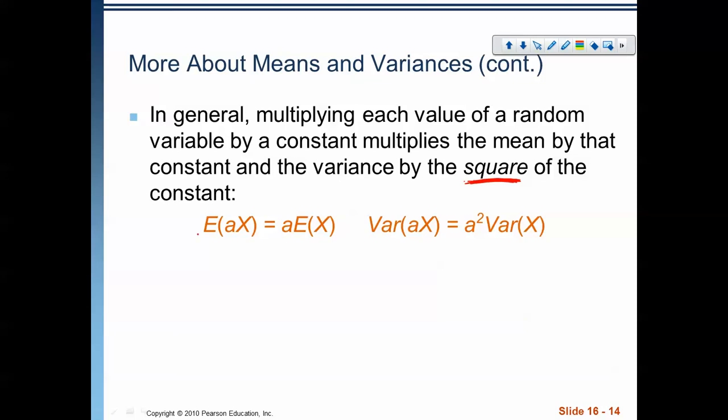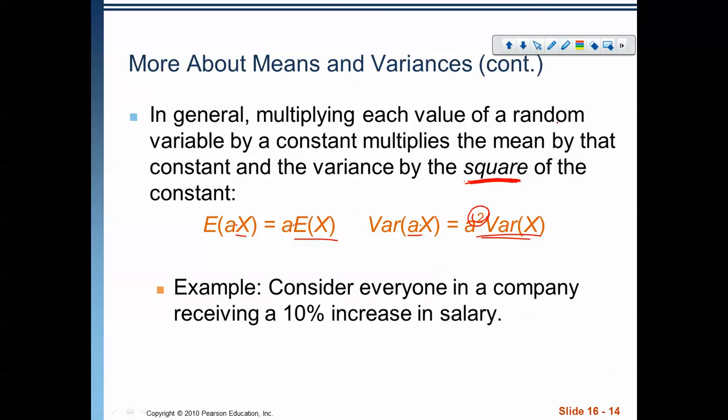So E of X, when we multiply by a constant, we simply take the expected value and multiply it by that constant. For the variance, we multiply by the square of that constant, and that will give us the new variance.